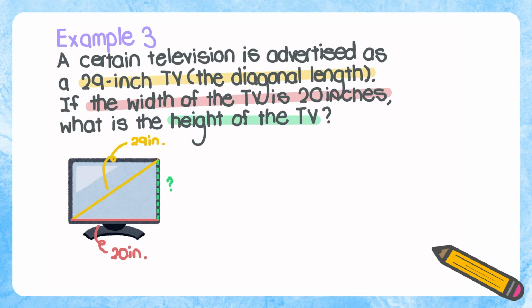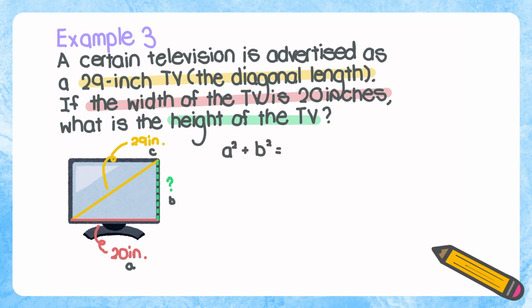So let's set up this problem. The hypotenuse is that diagonal length across from the right angle, and we have the two legs. We know one leg length, but not the other, and that's actually what we're solving for here. So let's set a equal to 20, b as the unknown, and c is the hypotenuse, 29 inches.